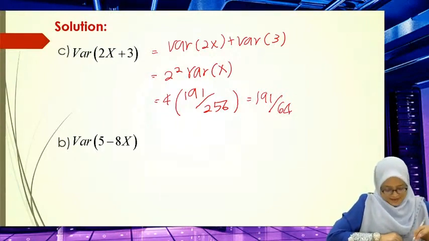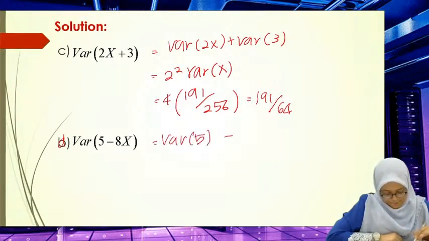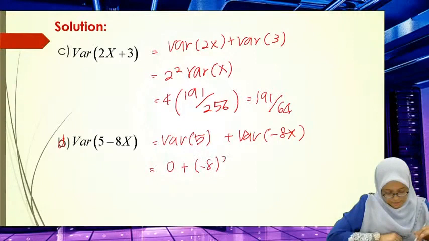Okay, good, thank you. Okay, ni DD. Okay, so ini variance 5 plus variance negative 8x. So variance 5 is 0. Plus ini negative 8 square variance x.